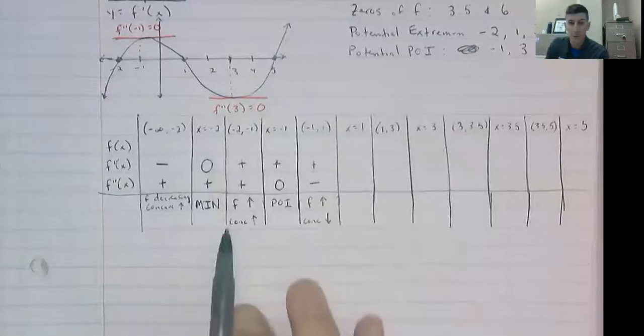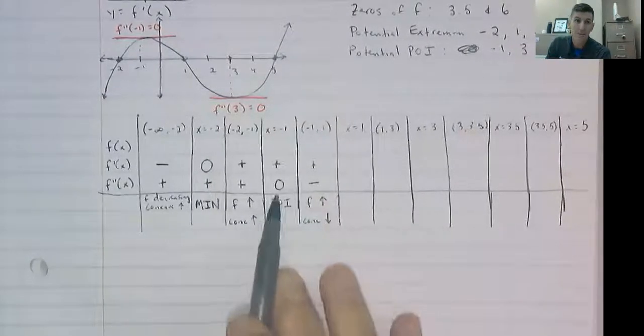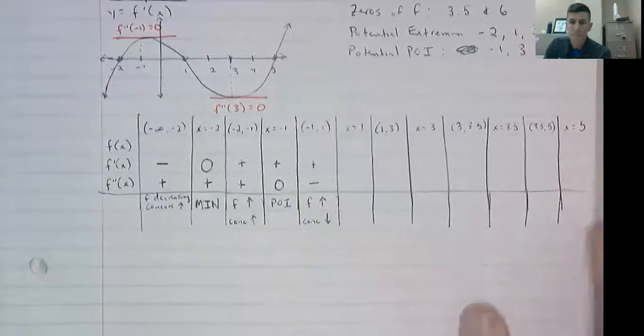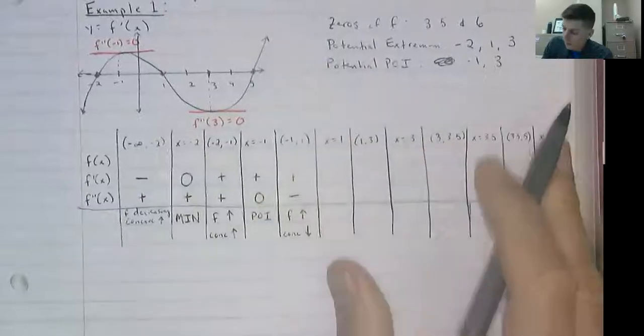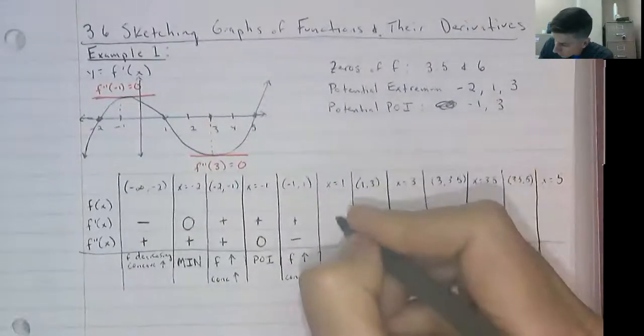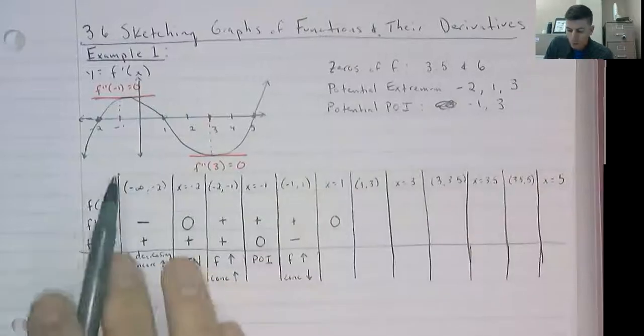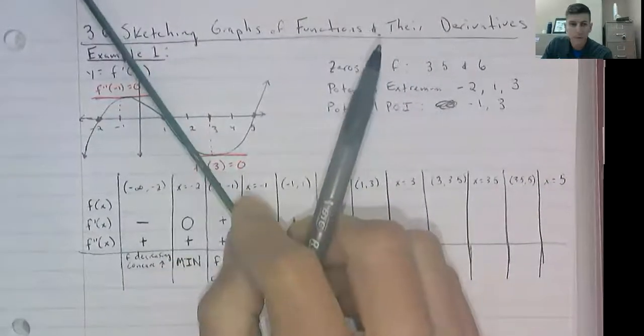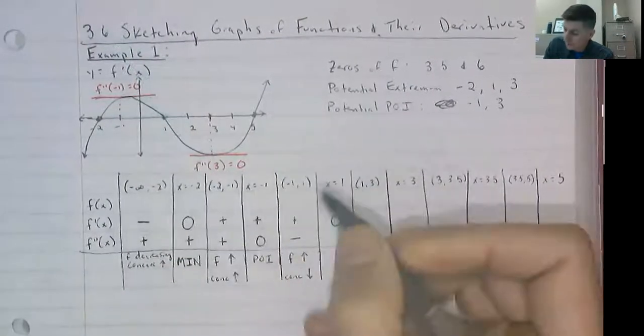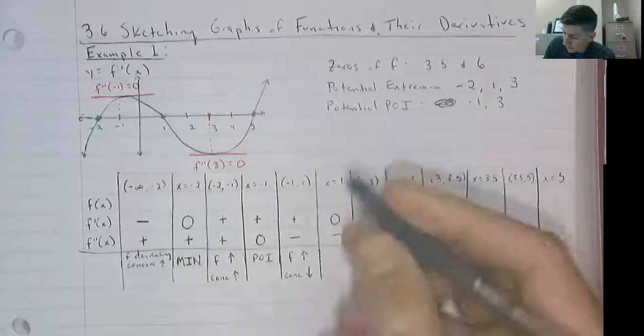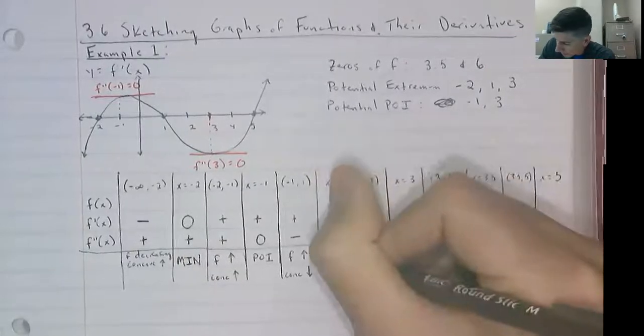So f increasing, but now we are concave down. And this is also a sign, okay, we've gone from concave up to concave down. There must have been a point of inflection there. Okay, at 1, that's another 0 of our first derivative. Our second derivative is still negative there. And so using the second derivative test, we can conclude that this must be a maximum.